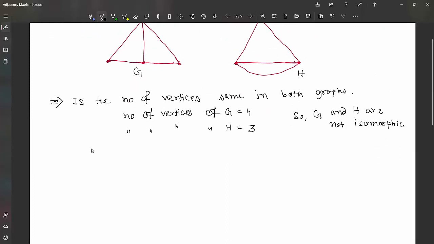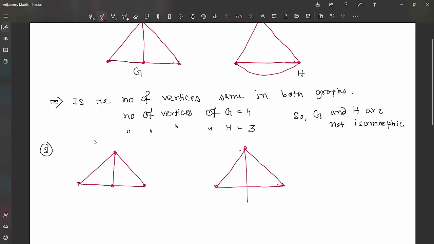Now again take a similar problem, number 2. Now your graphs are these. This graph has 1, 2, 3 and 4 vertices, and here also you have 4 vertices connected by this type of relations.